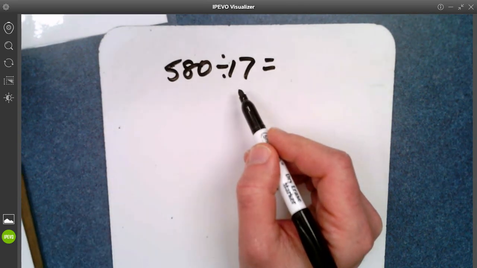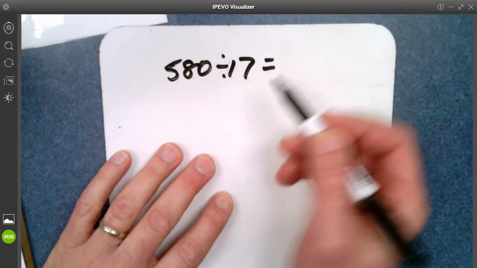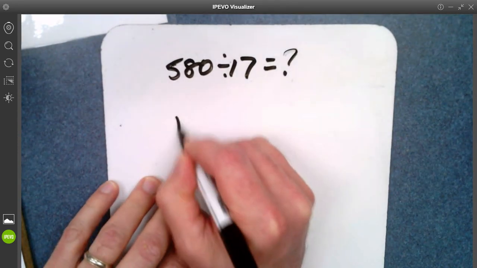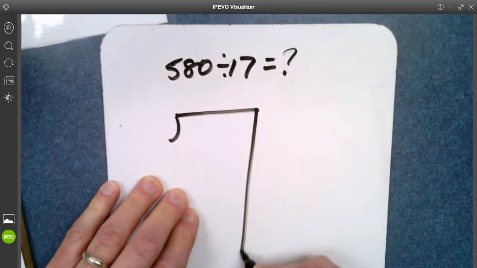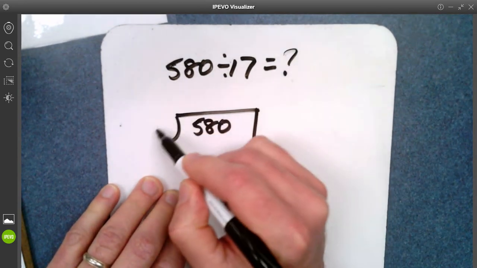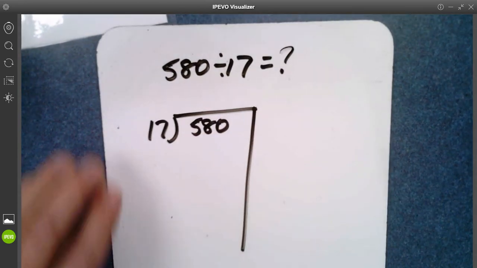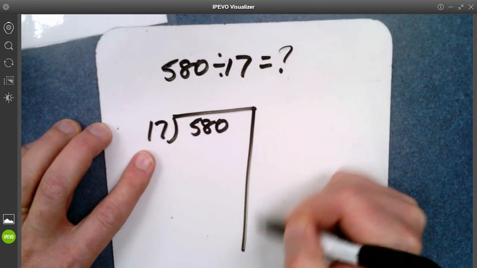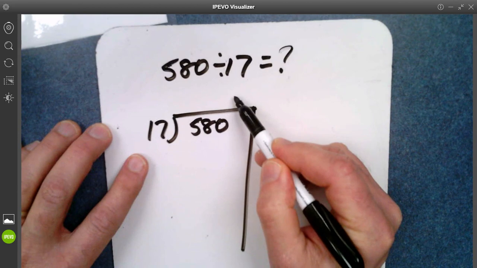It tells us how many groups or parts we're creating, and then our answer is called our quotient. So when we set up what I like to call our house, our dividend goes inside, our divisor goes on the outside. We're going to slowly start building our quotient here and end with our quotient up here.